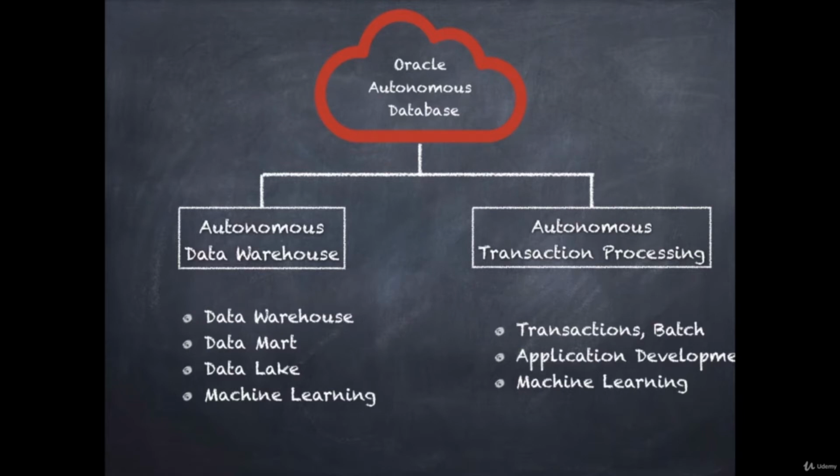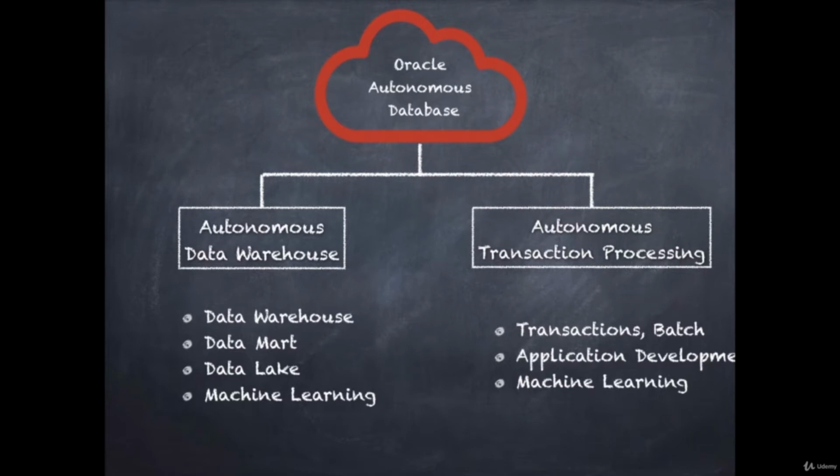On the other hand, Autonomous Transaction Processing, ATP, brings basically the same autonomous capabilities found in ADW, and also the mixed workload. ATP is tailored primarily for complex transaction processing workloads, and this includes operational reporting and or batch data processing.